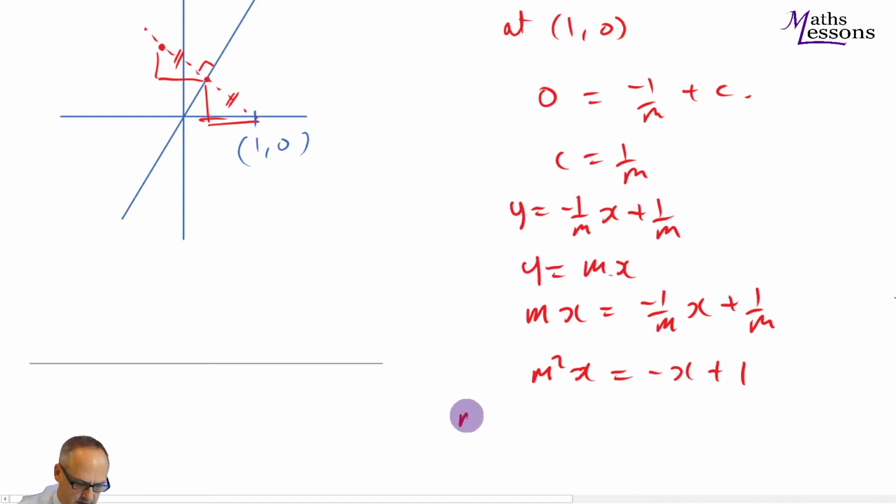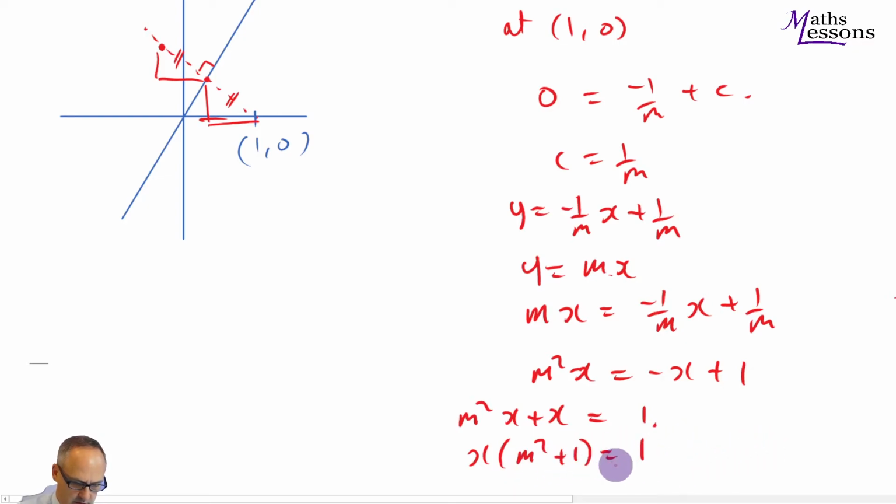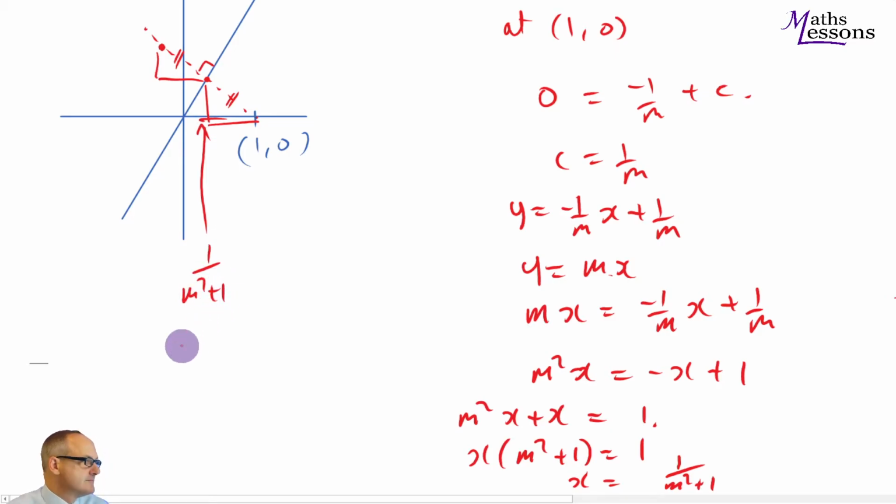Get the x's onto the same side, so I get m squared x plus x equals 1. Factorize, so I get x times m squared plus 1 equals 1. And therefore x will equal 1 over m squared plus 1. So I found my x coordinate here. It's going to be 1 over m squared plus 1.